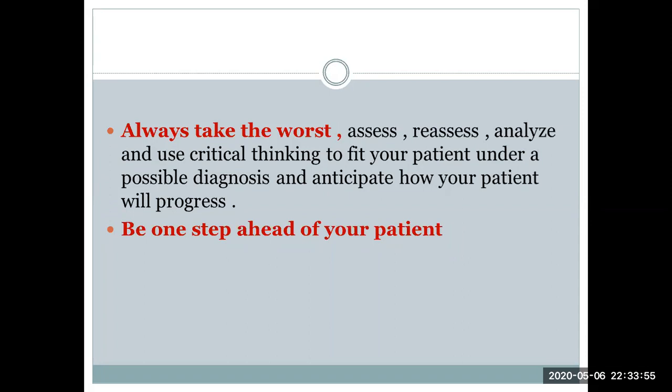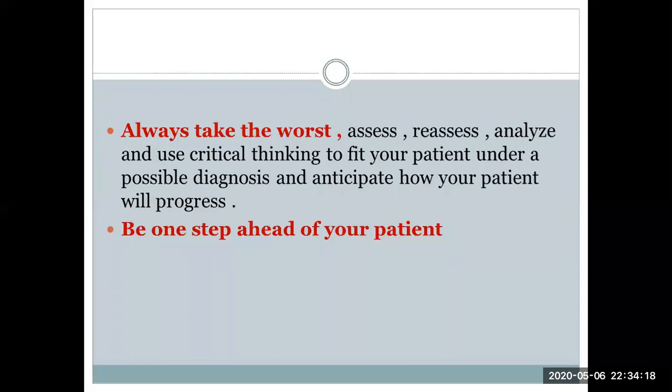To which level you need to be aggressive, to which level you can reassure, or just anticipate that you might lose your patient, so you need to be one step ahead of your patient. We always say be one step ahead of your patient. At the junior level, you need to be 5 steps ahead, because you don't know how the patient will react.